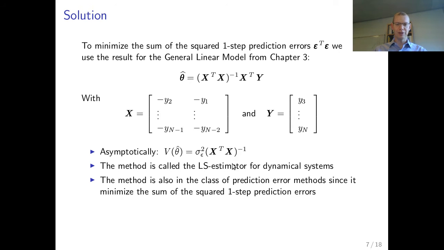Asymptotically, we have the usual variance estimate of theta, and we call it the least squares estimator, as we've done previously for other kinds of models, but it is the same thing. This is also a prediction error method, since we minimize the sum of squared one-step prediction errors. So we already covered, you can say, one solution.